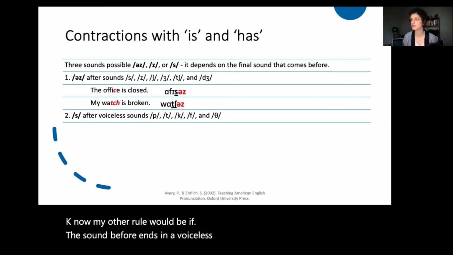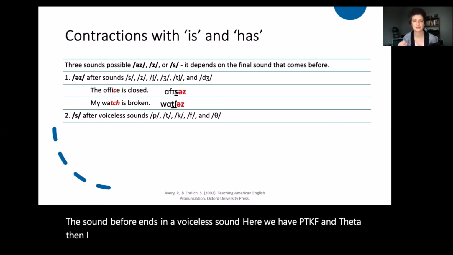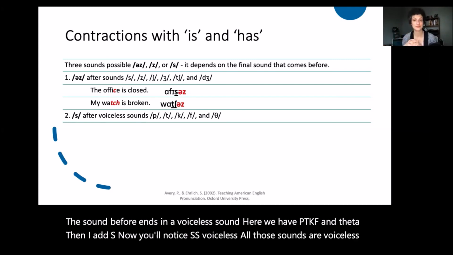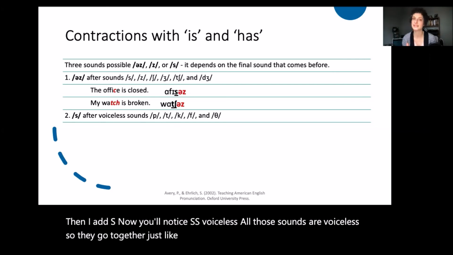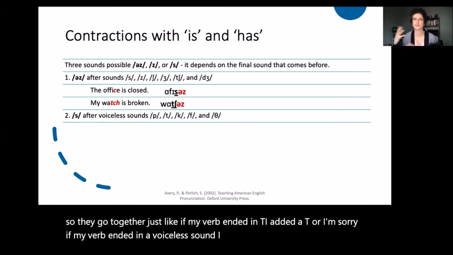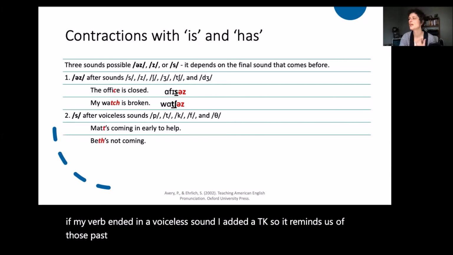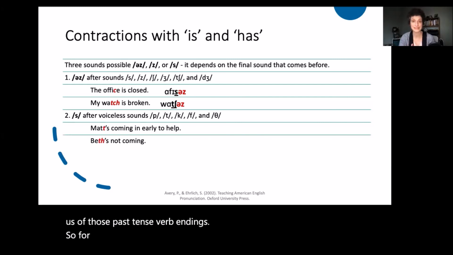Now, my other rule would be if the sound before ends in a voiceless sound. Here we have P, T, K, F, and theta. Then I add S. Now you'll notice S is voiceless. All those sounds are voiceless, so they go together, just like with the past tense, if my verb ended in a voiceless sound, I added a T. So for example, Matt.